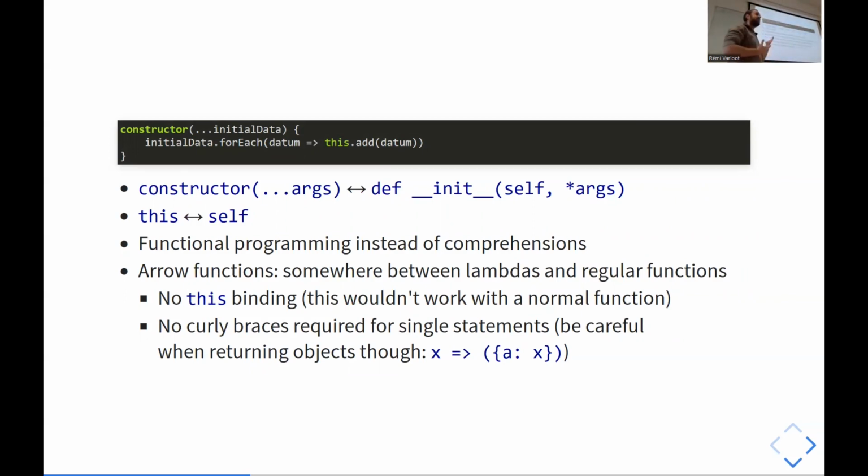You'll notice we use this instead of self because of conventions. The constructor takes data as parameters, they arrive in an array, and our constructor is just going to take the default tasks we start up with. Each of them is going to be a string, and for each of those strings, I'm going to add them to my data structure with the add method.